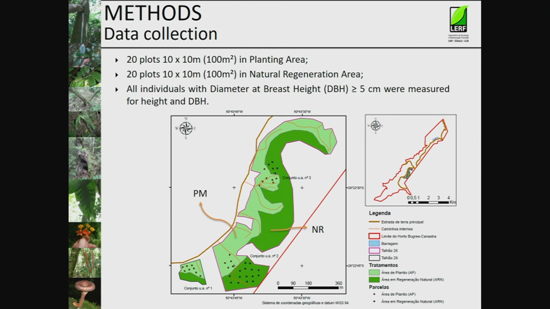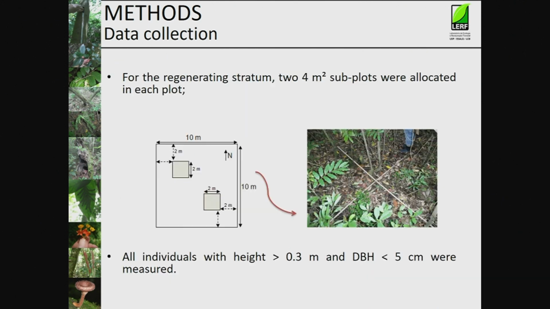Well, for the data collection, we allocated 20 plots in both areas in which all individuals with DBH higher than 5 centimeters were measured for height and DBH. And for the regenerating stratum, 2 square meter subplots were allocated in each big plot, in which all individuals higher than 30 centimeters were measured.